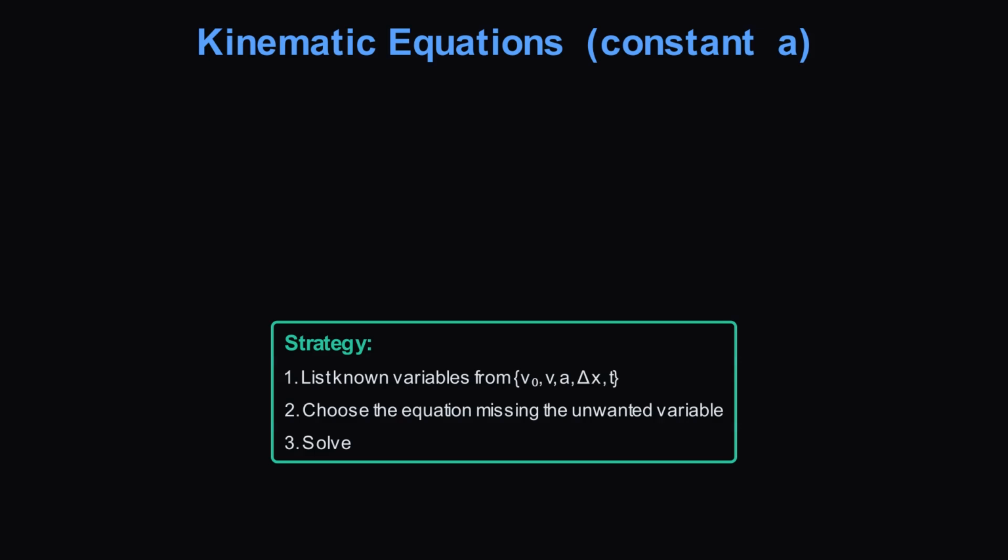Each of these 4 equations contains exactly 4 of the 5 variables: v0, v, a, delta x, and t. The 5th variable is absent from each equation. That is the one you can solve for. The strategy is consistent. Identify which 3 variables are known. Identify the unknown. Pick the equation that contains all 4 and solve.